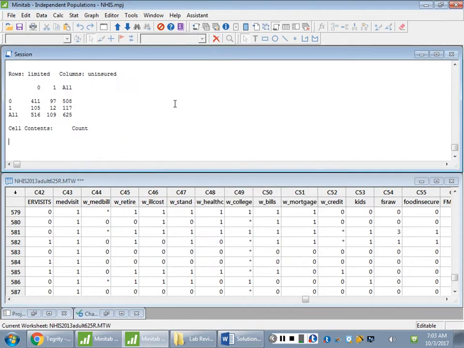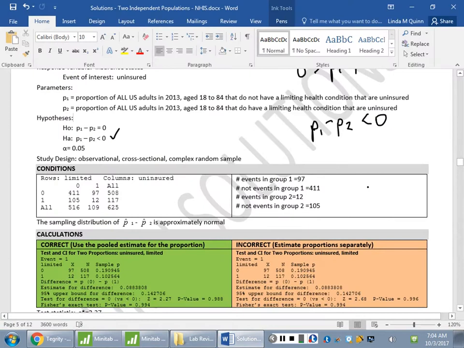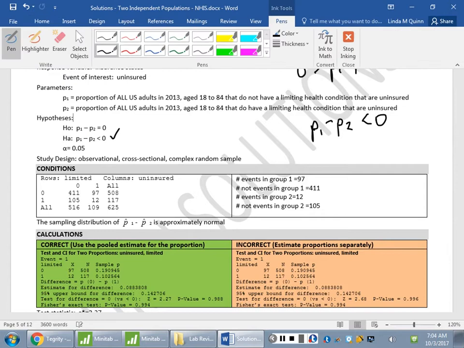And I get these values. So once again, if I'm going to my table here, I'm going to remind you that first row represents people without limiting health condition. And then we have with the limiting health condition.